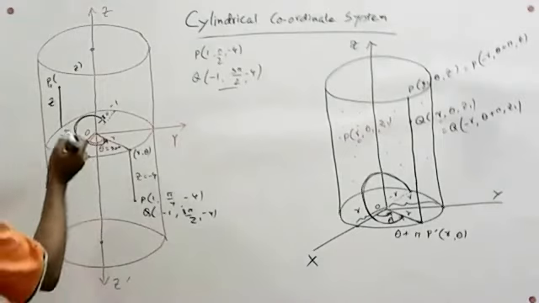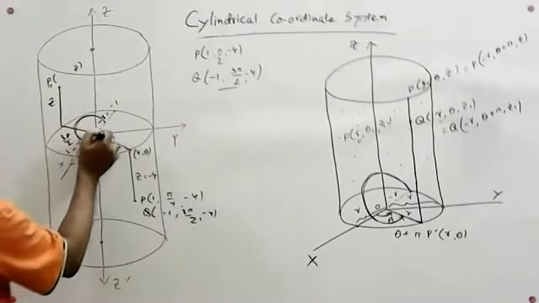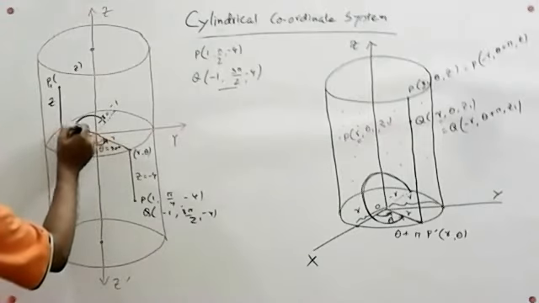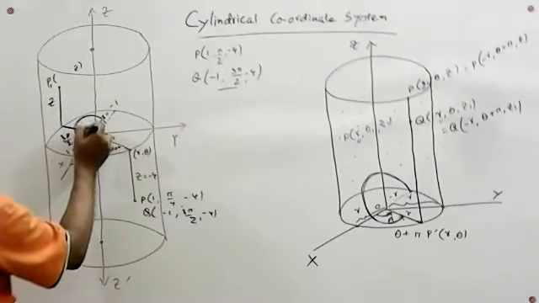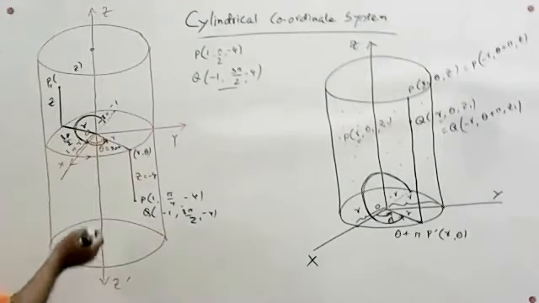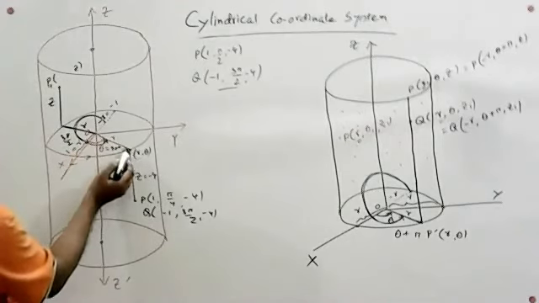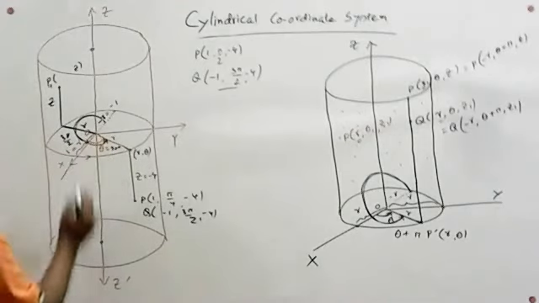Now we have to join this point with the pole. Joining this point with the pole, this is our R. In the cylindrical coordinate system, if we join the pole and the projected point, then it is R.